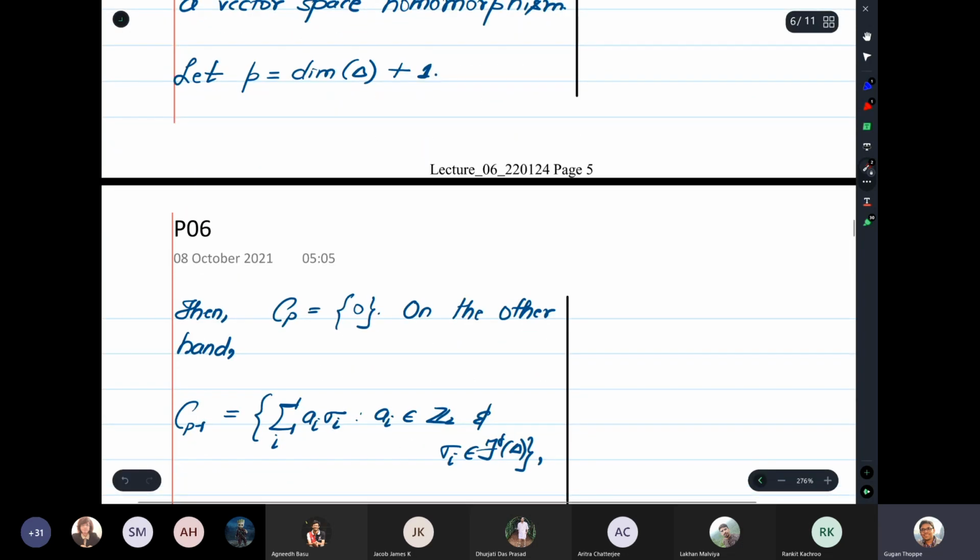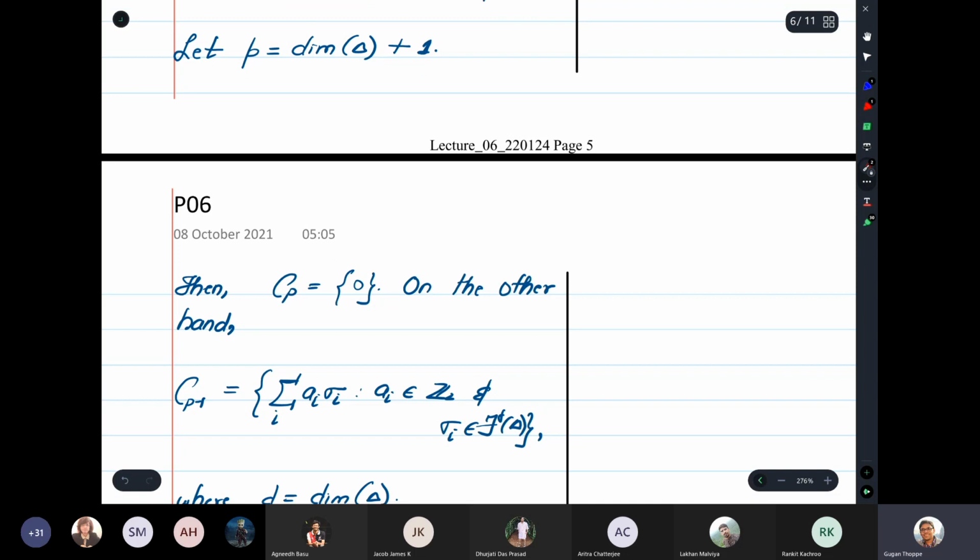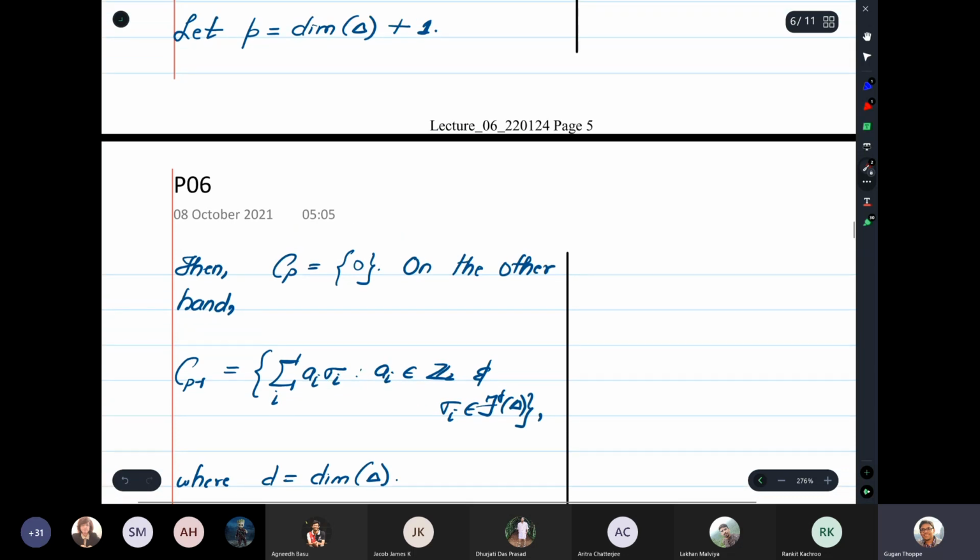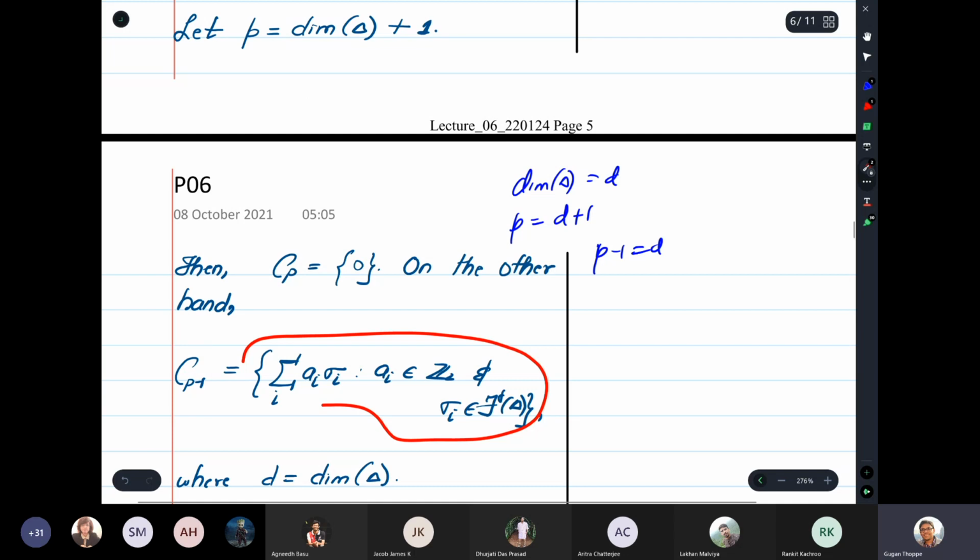So let's look at the first case. Let's say p is dimension of delta plus 1. Let's first understand why we are discussing this case separately. The reason is that here Cp is 0, in other words, Cp is the trivial vector space. However, if you look at Cp minus 1, let's say the dimension of delta is d. Then p over here is d plus 1 and p minus 1 is d. So this Cp minus 1 is not going to be the trivial vector space.